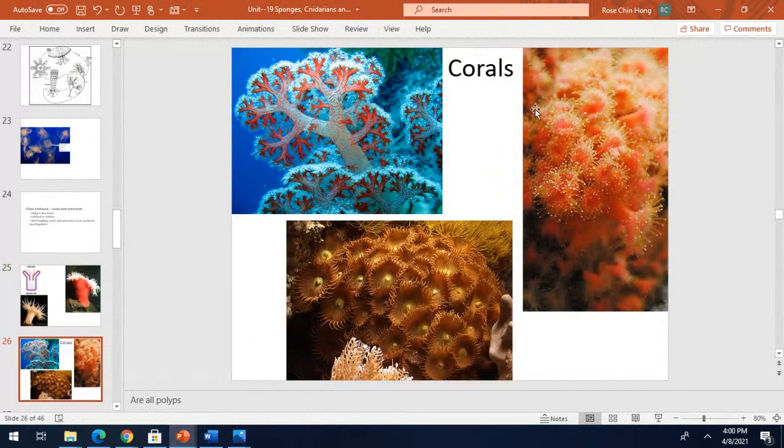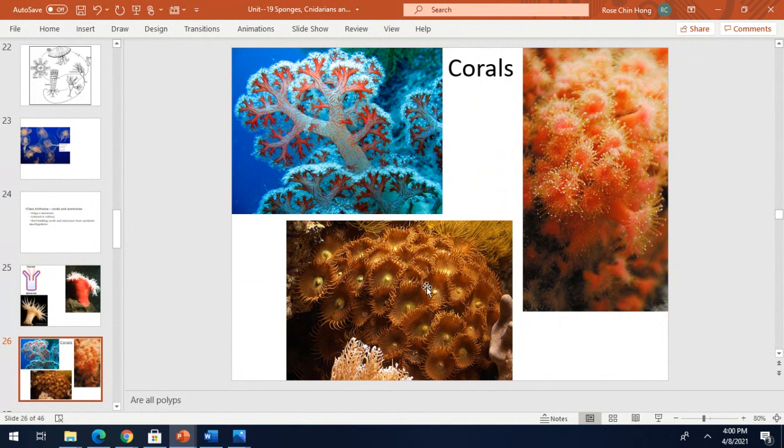So these are corals. You see how beautiful they look? And what they leave behind is the structure that houses the coral itself, the organism. Here they're colorful because they're alive, with dinoflagellates having a symbiotic relationship.